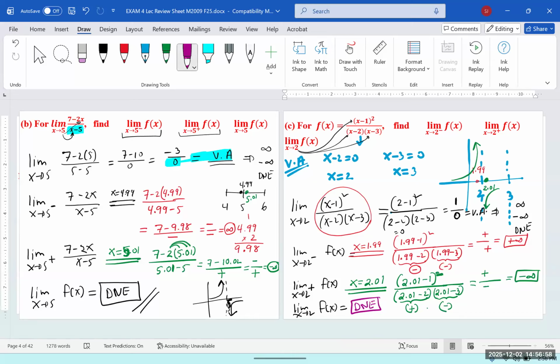If both signs are the same, then our limit will be that infinity. But if you have two different signs, then the limit doesn't exist. So these two scenarios are vertical asymptote problems. And for vertical asymptote problems, you just substitute some numbers, one from the left, one from the right. Any questions?